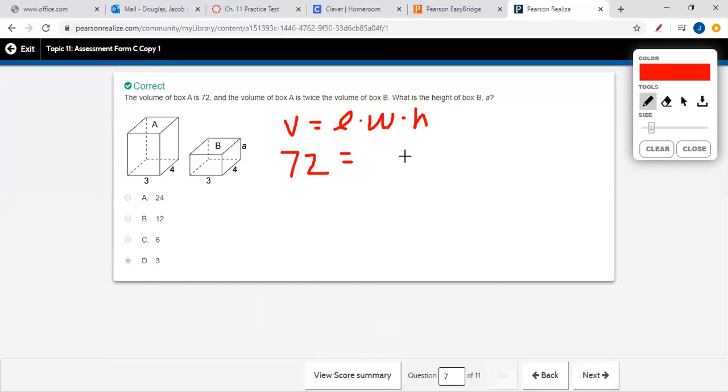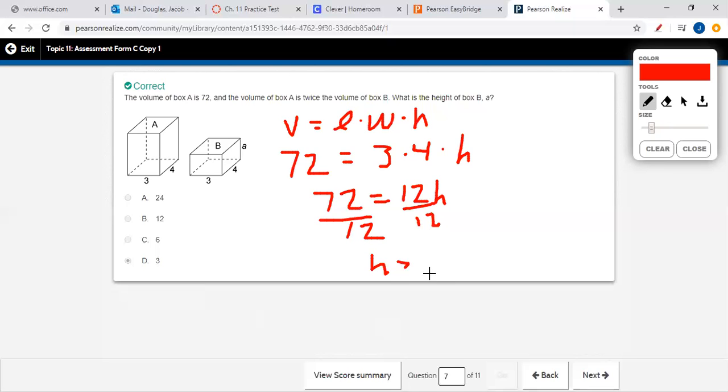It really doesn't matter which order you put these in. So I'll just say this is 3 times 4 times H. All right, well, 3 times 4 is 12. So 72 equals 12 times H. And if I want to get H by itself, you're going to divide both sides by 12. So H equals 6.